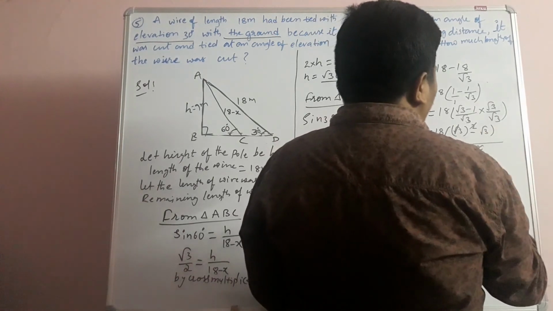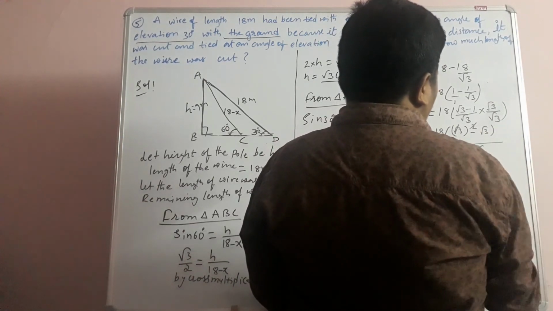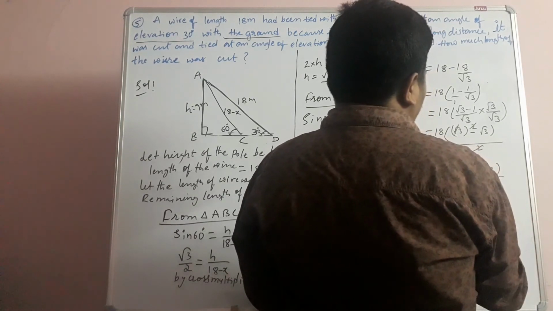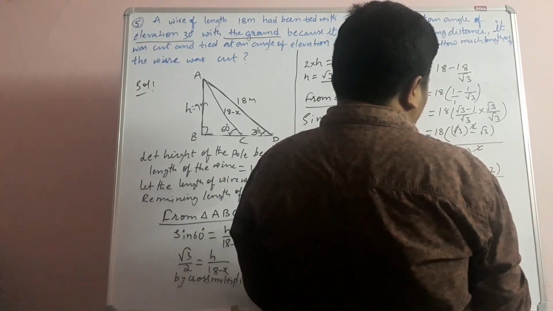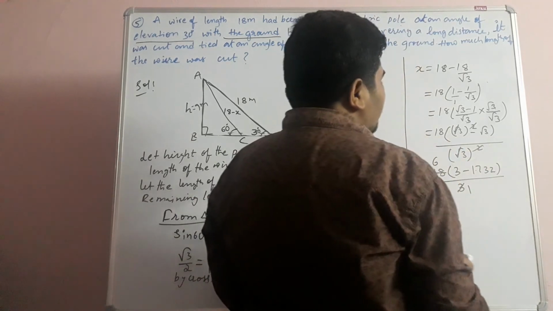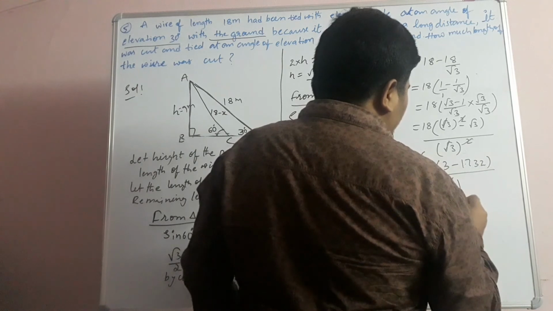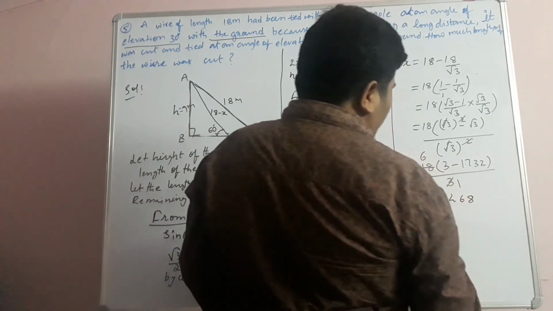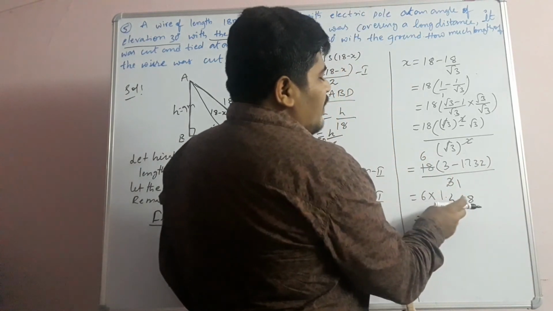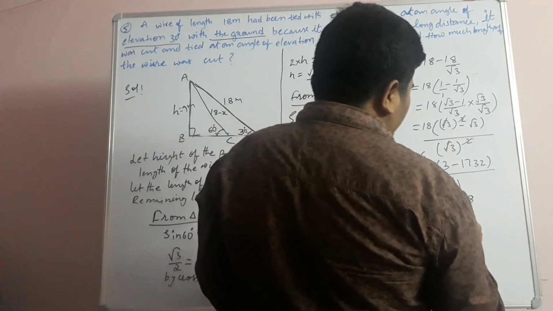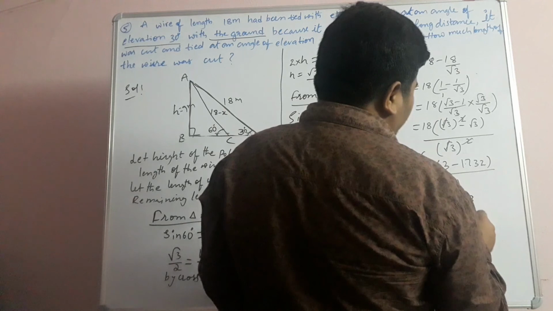Root 3 value is 1.732, and root 3 square value is 3. 3 ones are 3, 6 threes are 18, so 6 into 3 minus 1.732 is 1.268. So children, now we need to multiply 6 and 1.268. So then our answer is 7.608 meters.